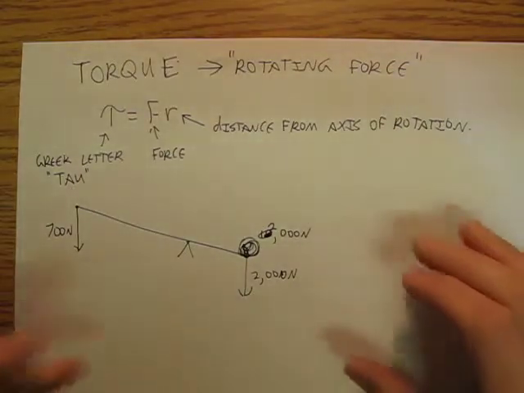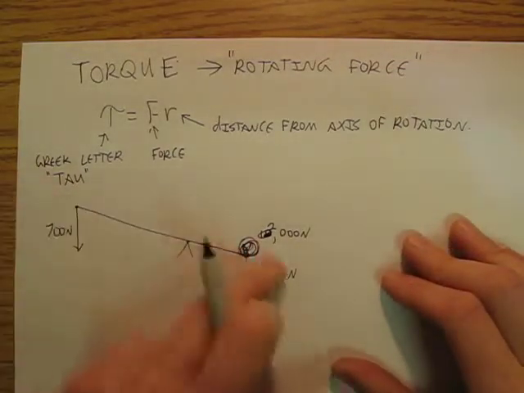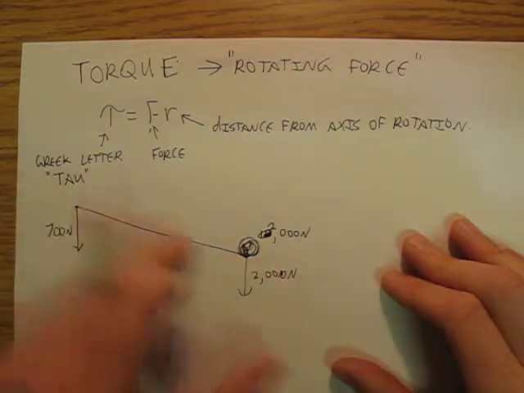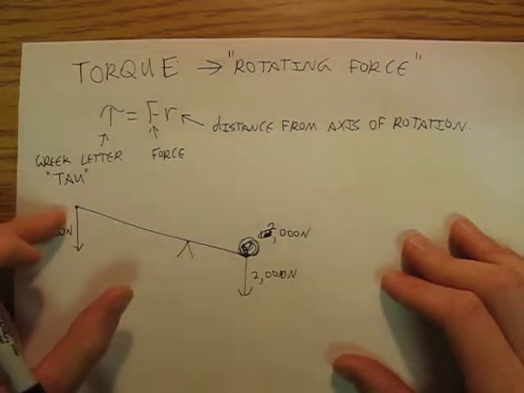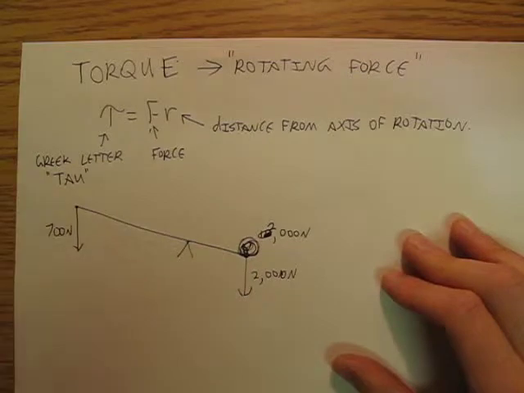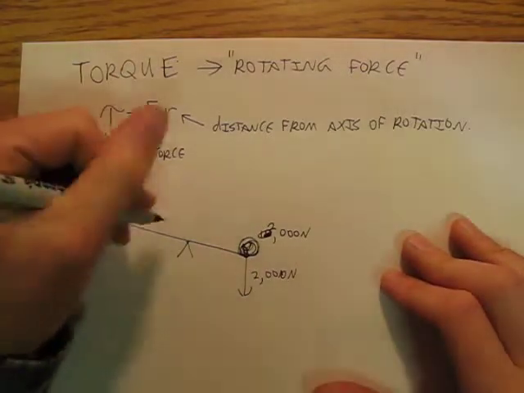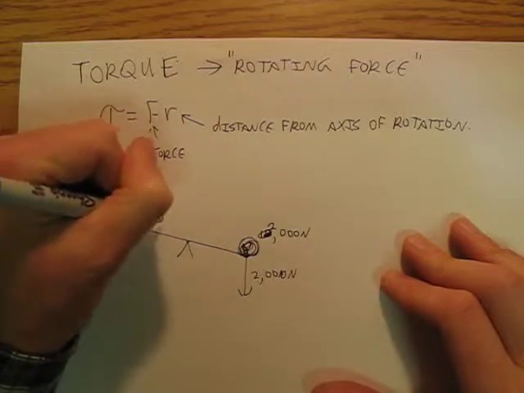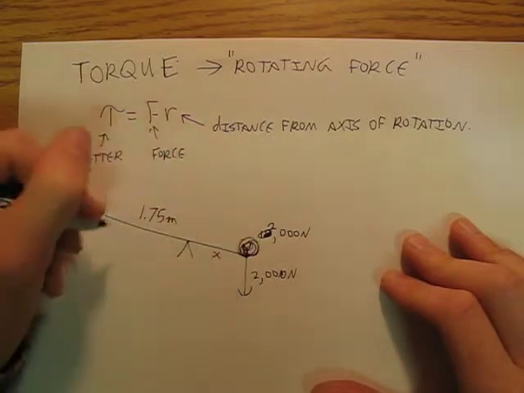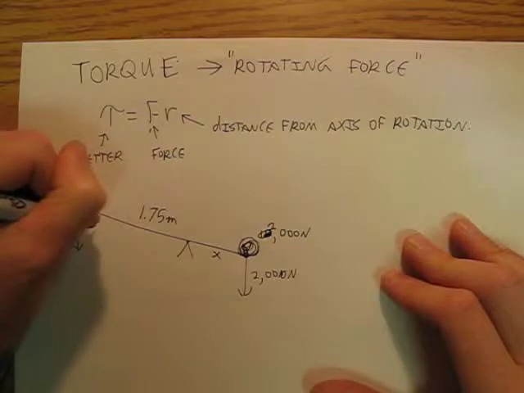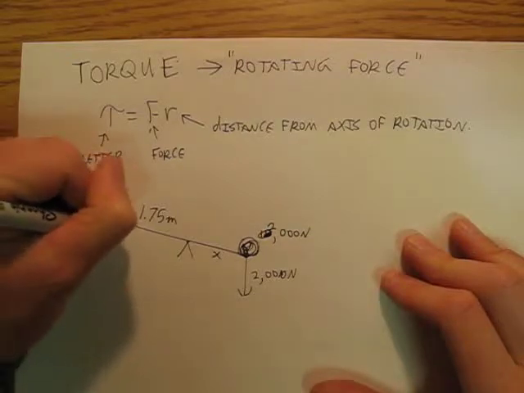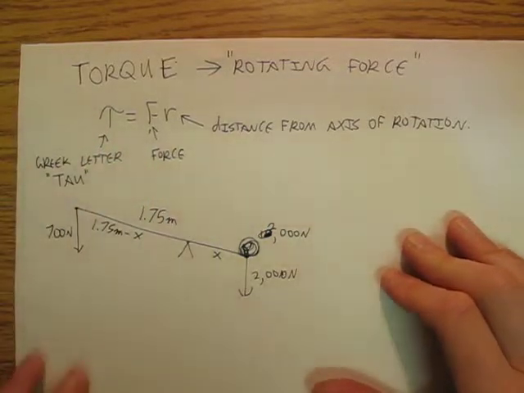Well, what is the ratio? Suppose this whole thing, I think it's reasonable for a rock bar to be about 5 feet long, so let's call it 1.75 meters. So we're going to call this x, and we're going to call this 1.75 meters minus x.